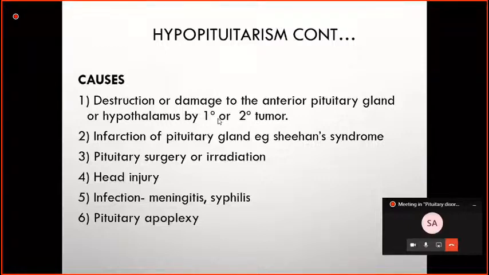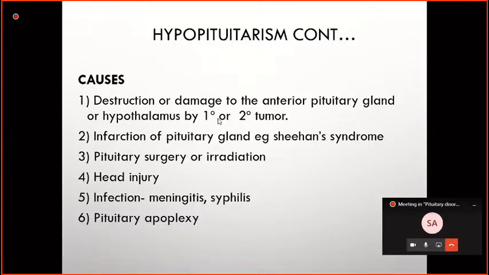So you will probably see more hypogonadism, a decrease in libido, followed by your cortisol, your thyroid, things like that. So it depends on the cause. In a more acute case, you will have signs and symptoms more related to cortisol. Deficiency in cortisol, we will discuss later in adrenal insufficiency.